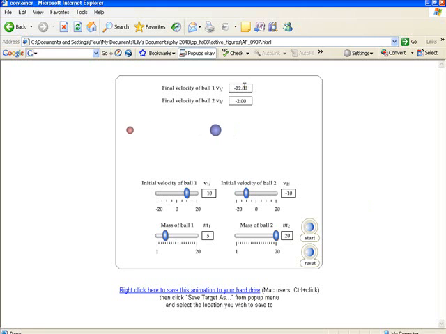Here you can see that with the increase in mass, and subsequently an increase in velocity going from 0 to minus 10, the final velocity of ball 1 increases and increases and increases.